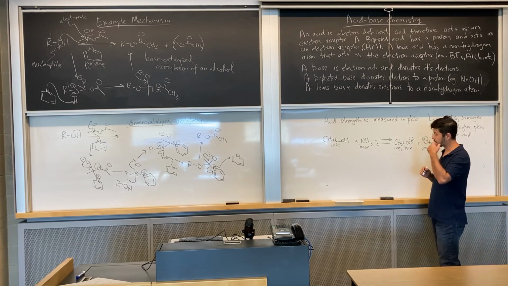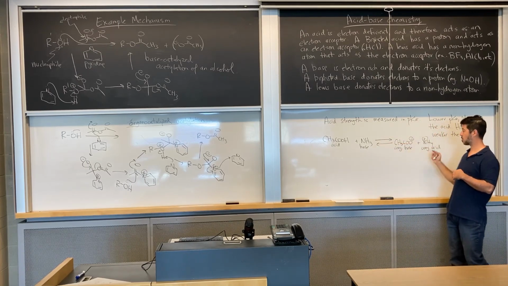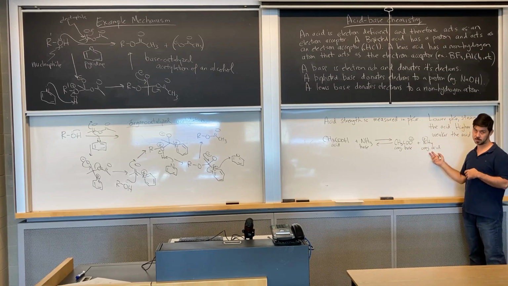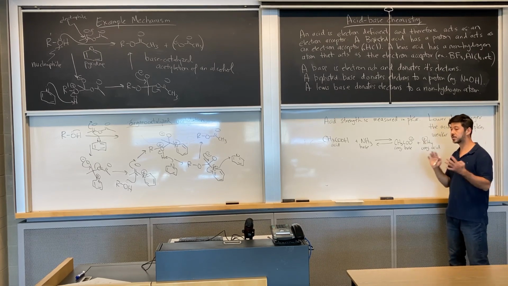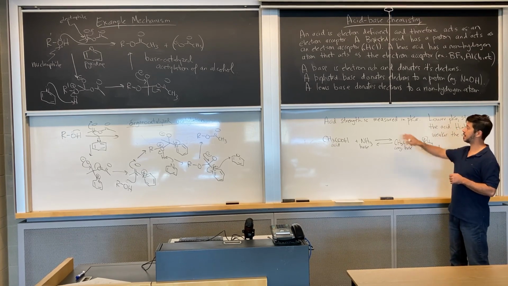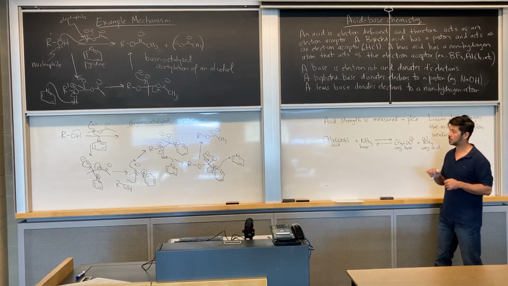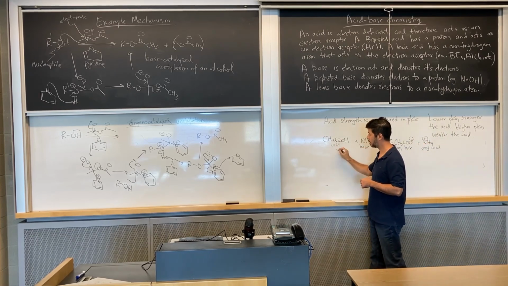Now, we have two different acids here. We have acetic acid, and we have this ammonium ion here. Two different acids. And the equilibrium is going to lie on the side of the weaker acid-base pair. So this is where pKa values come into play. So the pKa of acetic acid is around 5.